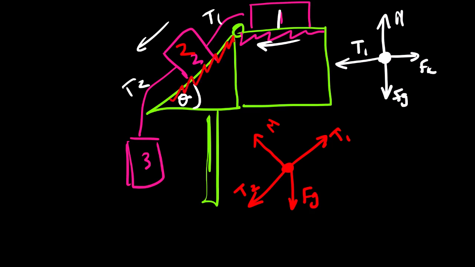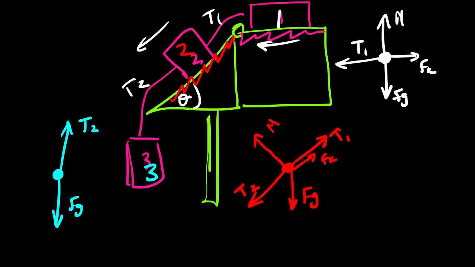If this has kinetic friction, then we are going to have kinetic friction in this direction. And then for 3, we simply have these two forces, which is T2 and FG. It's simple to generate these equations.